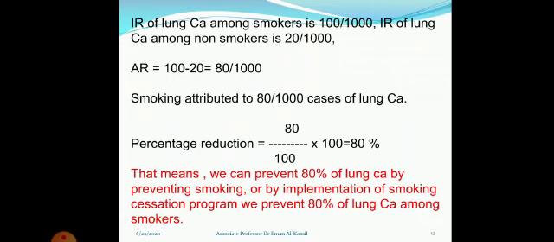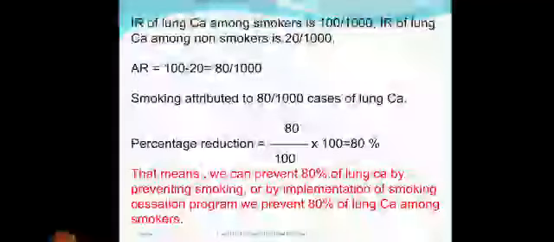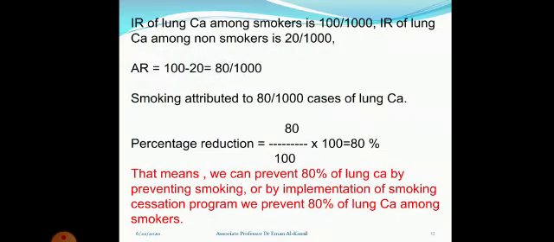That means that from each 1,000 cases of lung cancer among smokers, smoking is attributed to 80 cases. So the percentage reduction is 80 divided by 100 multiplied by 100, equal to 80%. That means by the prevention of smoking, we can prevent 80% of cases.